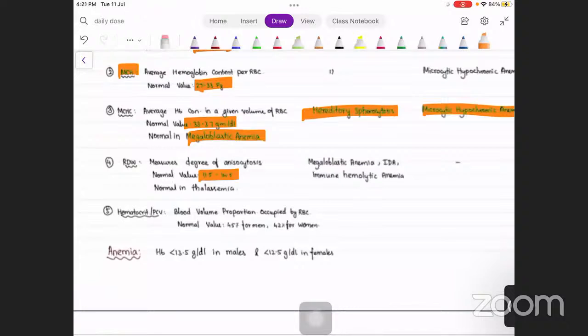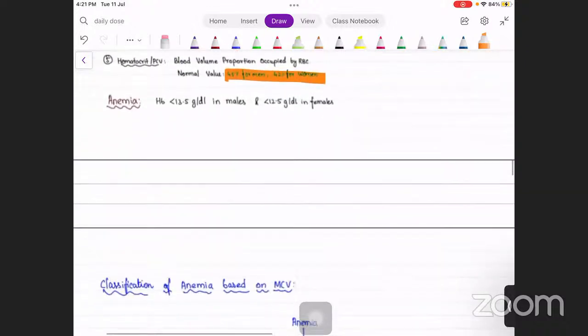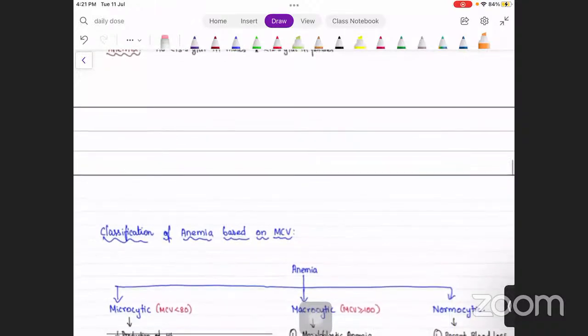Then hematocrit, where the normal value is 45% for men and 42% for women. And anemia is hemoglobin less than 13.5 gram per deciliter in male and less than 12.5 gram per deciliter in female.